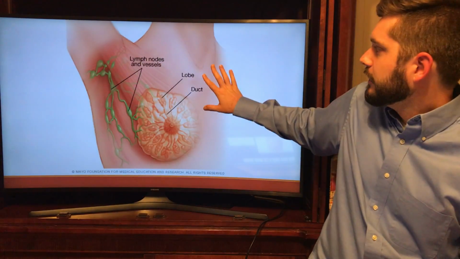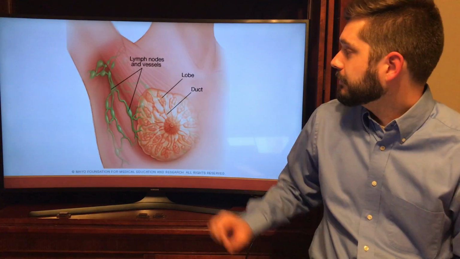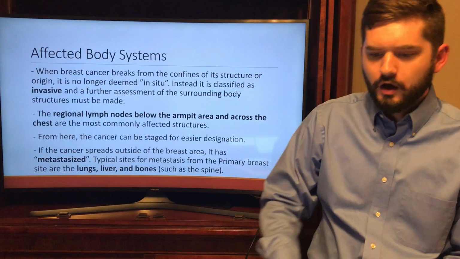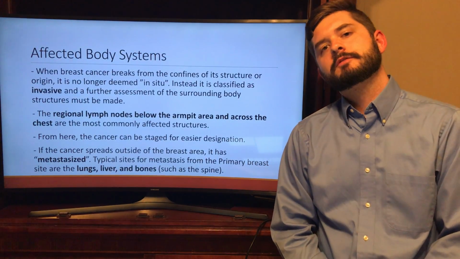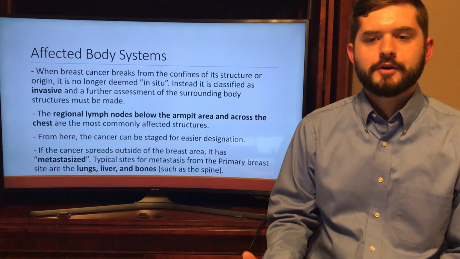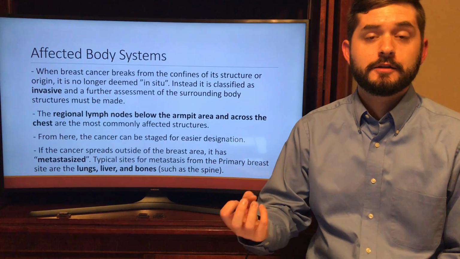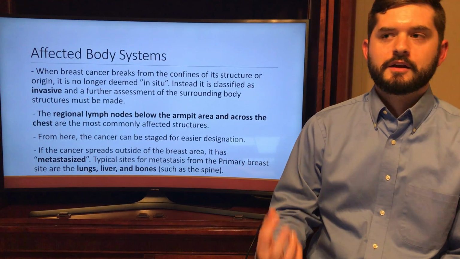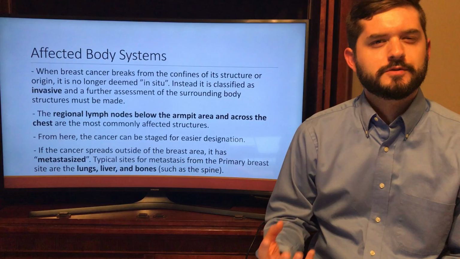There are also some across the chest and underneath the breast as well, but the largest concentration is under the armpit. And when it gets there, we can do a scan to see how many lymph nodes are involved. We can see if there's a primary tumor in the breast that it originated from, and we can measure those things and give a grade to the cancer to determine a better diagnosis and treatment plan.